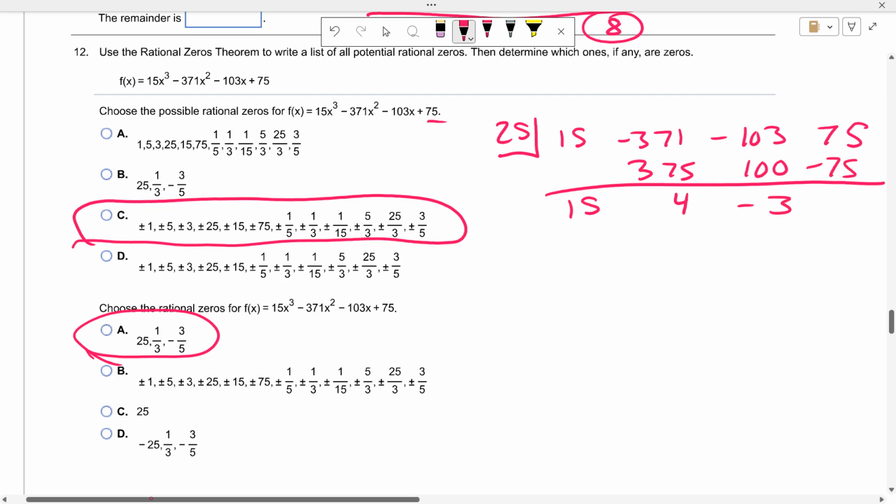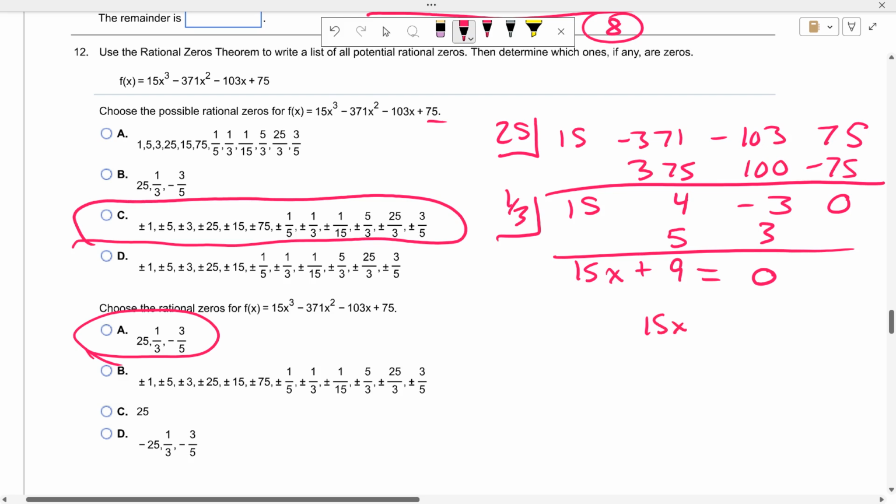We get negative 75. And we get 0. Okay? So then I know, well, 1/3 should work because that's part of my multiple choice. 15, 5, 9, 3, 0. And then 15x plus 9 equals 0. So 15x equals negative 9. Divide by 15. X equals negative 3/5.